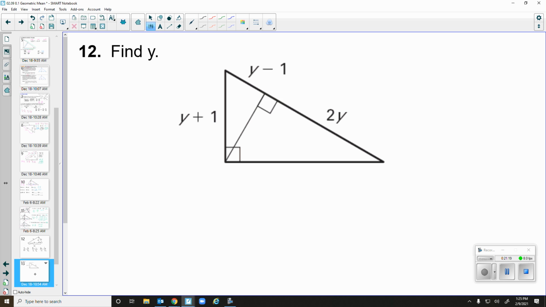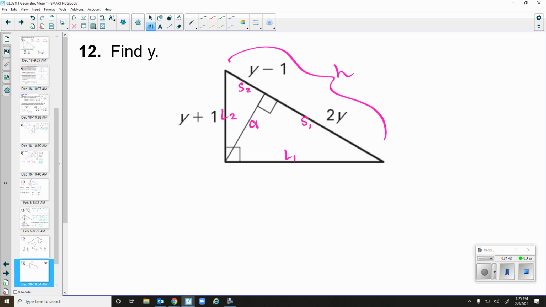So here's our problem. We need to solve for y. Altitude, leg 1, leg 2, segment 2, segment 1, and hypotenuse. We're solving for y. Is our altitude labeled?